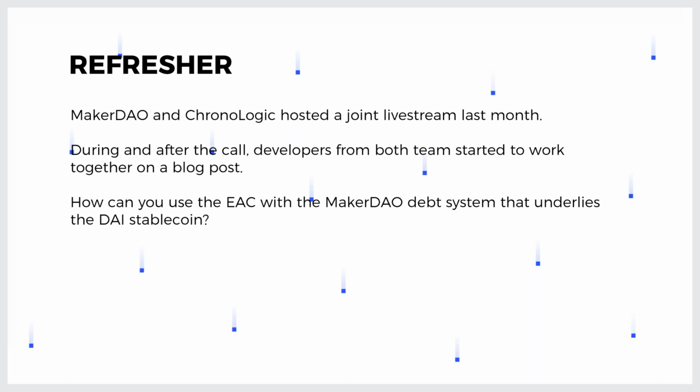But what it is in just simple terms is a contract that holds some of your ether and allows you to take out, to loan yourself, some DAI from the ether that you have as collateral.